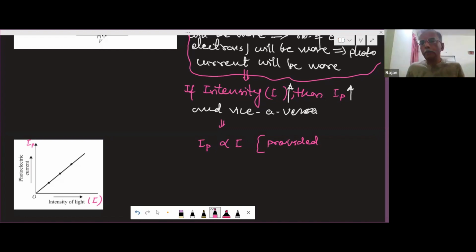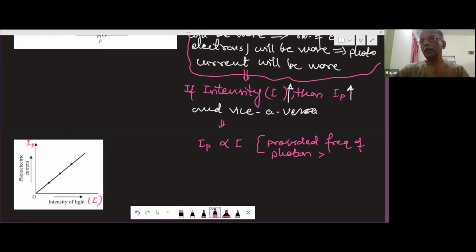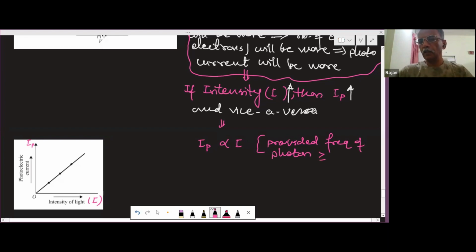The frequency of the photon, that is the light radiation, must be greater than, or at least equal to, the threshold frequency, so that it is able to liberate the electron, right? You understand the threshold frequency now.